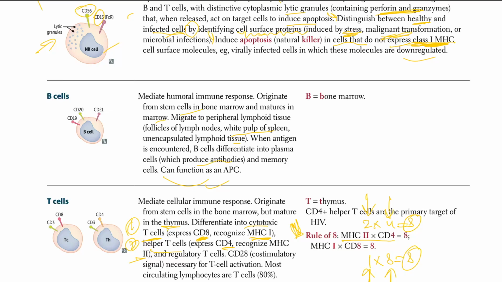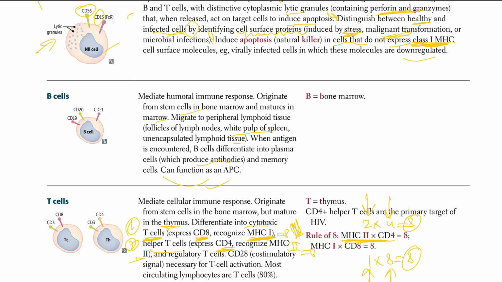The point to remember is CD8 recognizes MHC1, 8 times 1 equals 8, and CD4 recognizes MHC2, 4 times 2 equals 8. Just a mnemonic that we need to get to 8. Just multiply.